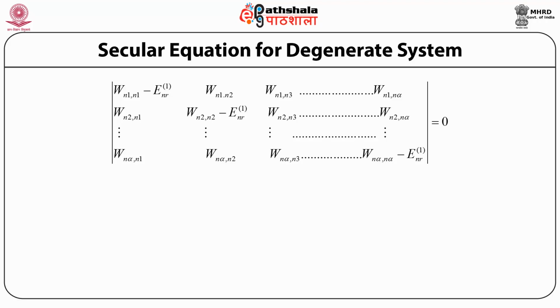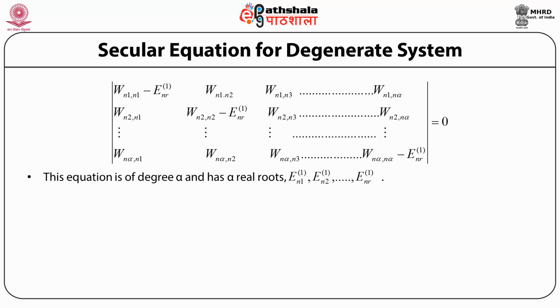Third element is W n2,n3 till the element W n2,n alpha. This way, the first element of the last row becomes W n alpha,n1. Second element of this last row becomes W n alpha,n2. Third element W n alpha,n3, and so on, which extends up to W n alpha,n alpha minus E nr1. This whole determinant is equal to 0.